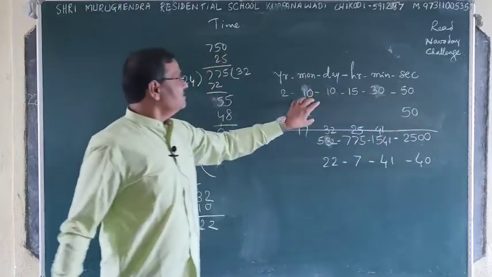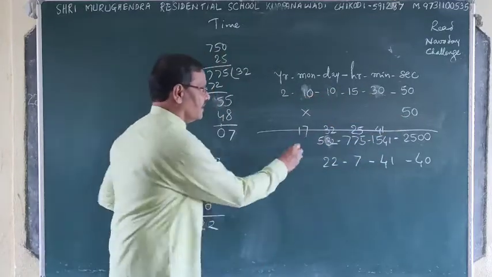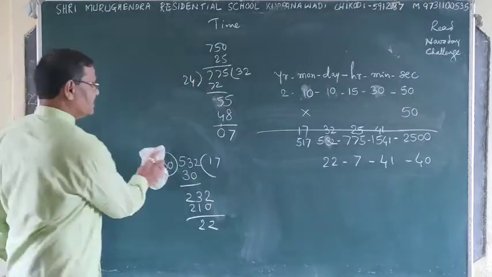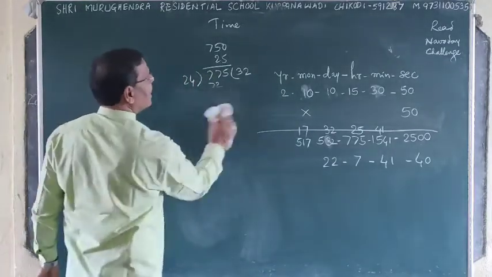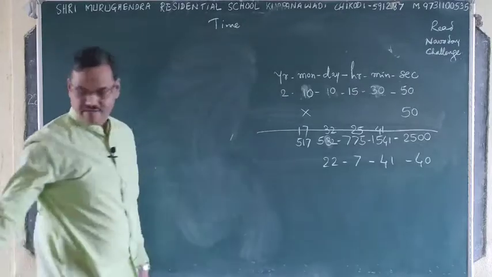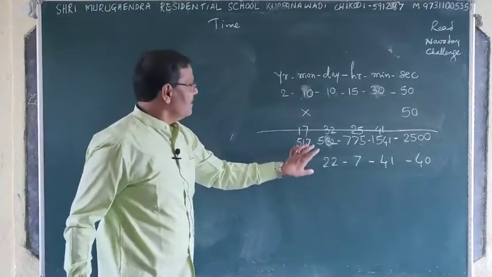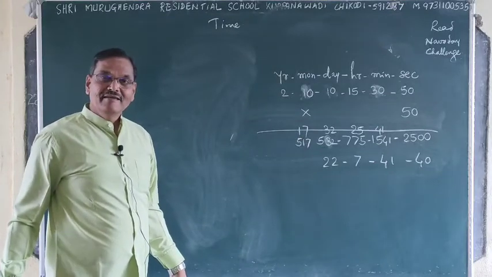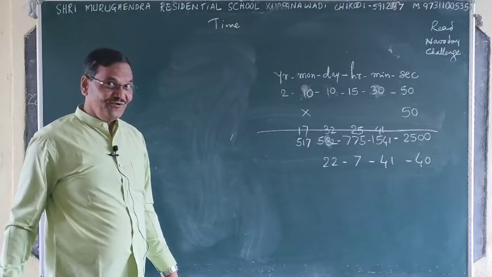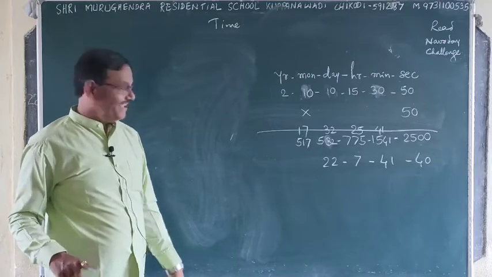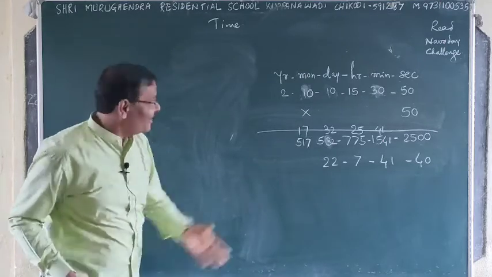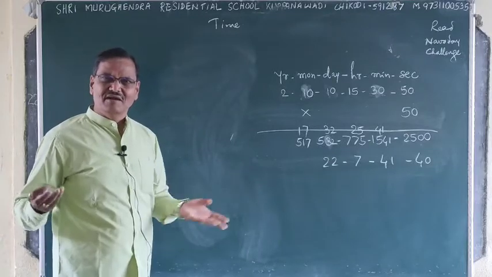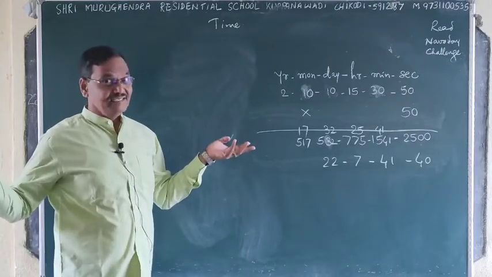Then 50 tens are 500 plus 17, 517 it is. What are these 517? They are months. Then it should be divided by 10? No, don't go for easy, because 12 months make 1 year. You should not divide it by 10 or 100 like this.